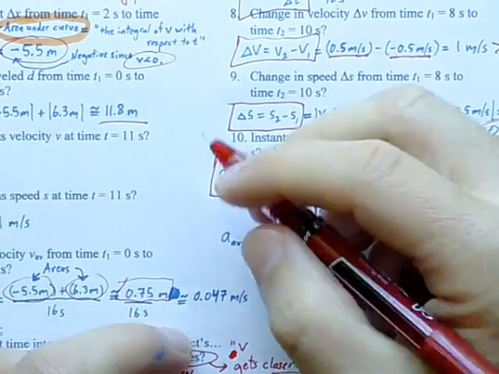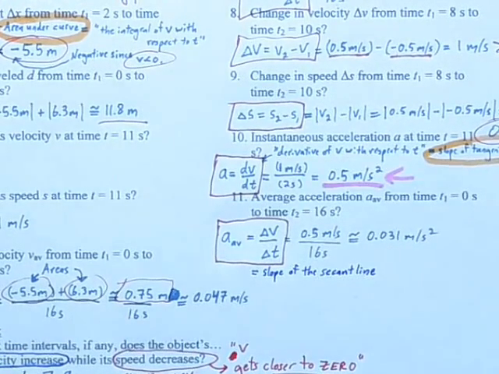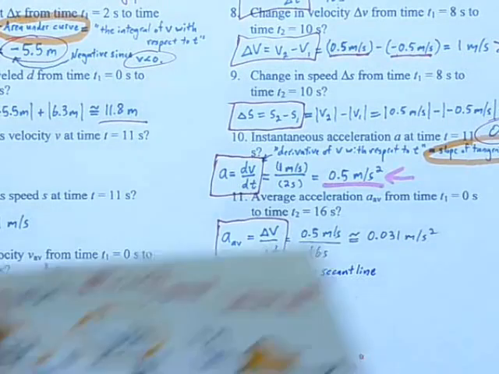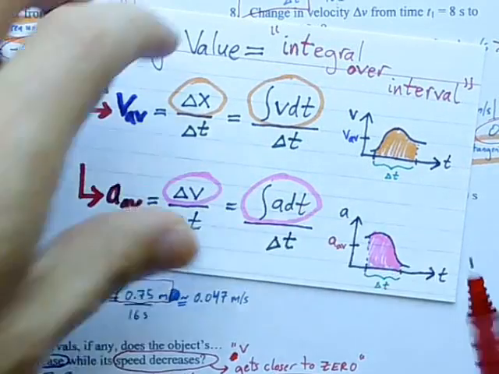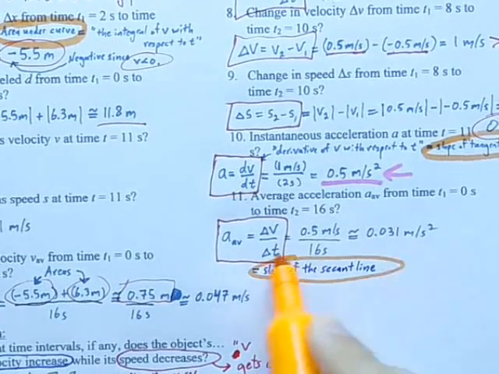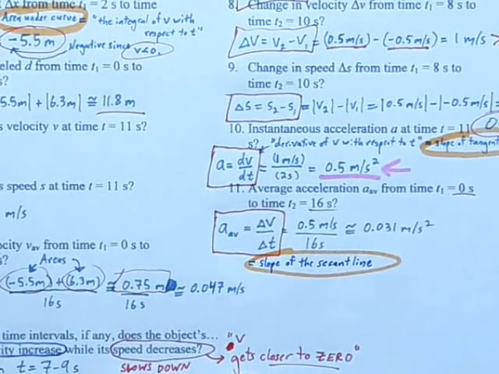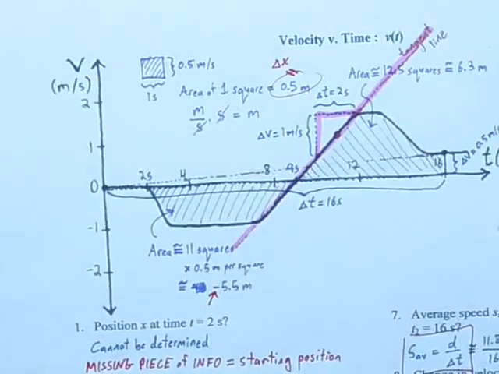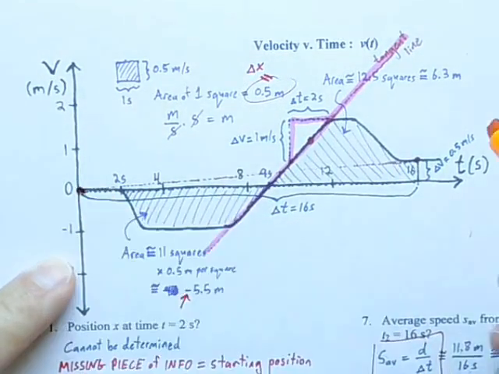Lastly, average acceleration, delta v over delta t, from our rule earlier. There it is, integral over interval. This can actually be found from the slope of the secant line on this graph. If we're going from 0 seconds to 16 seconds, then we can draw in a line going from the initial position to the final position on the graph.